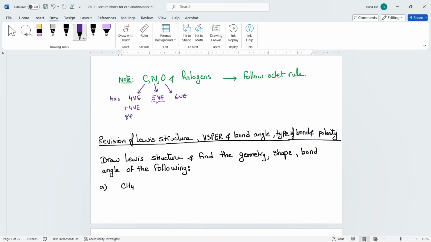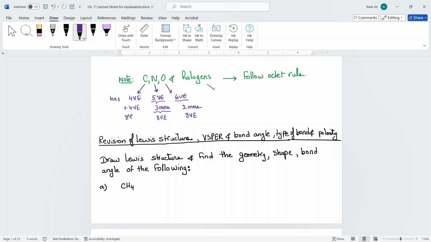For nitrogen, nitrogen has 5 valence electrons, so it needs 3 more valence electrons. This means that it needs to make a sigma bond with 3 atoms in order to have 8 valence electrons. Oxygen has 6 valence electrons, so this means that it needs to bond with 2 groups, so it needs 2 more electrons in order again to reach 8 valence electrons.